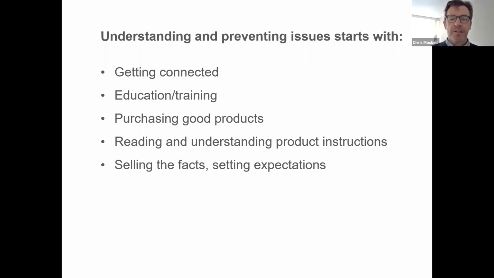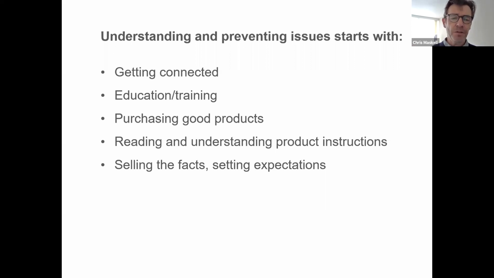And sell the facts. Setting expectations is difficult. As a sales rep, when you're trying to make a commission and get everything done on time for the homeowner, and the homeowner is pushing you to get the job installed super quick so they can get back on with their lives, it's not easy to say no. So you've got to learn through education and training what you need to do to get the job done right, so that when you push back against maybe a general contractor who's pushing for completion, you know how to get action.